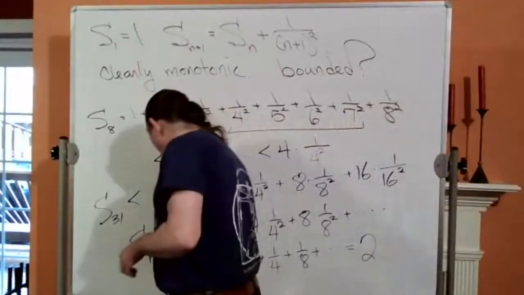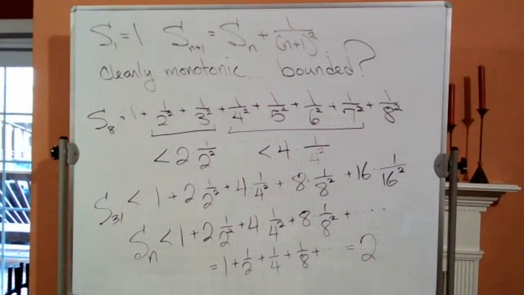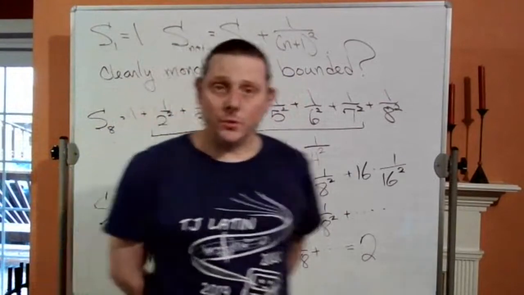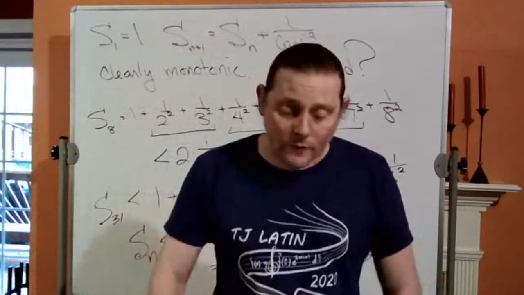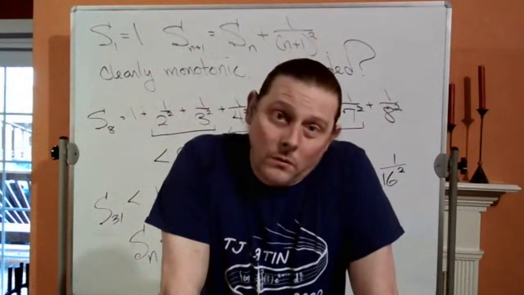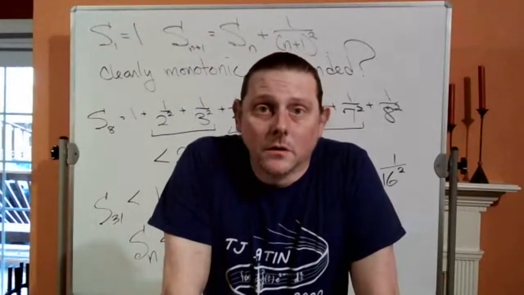All right, so the elements of this sequence are monotonic, and they're also bounded by 2. And this has been known for a very, very long time. So this implies that this sequence converges.